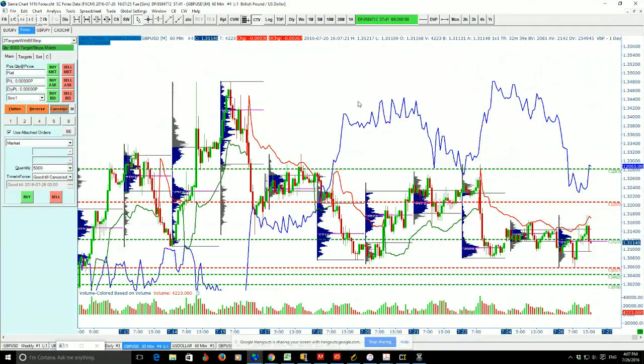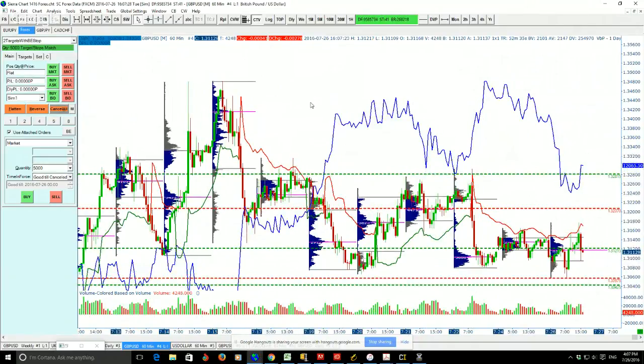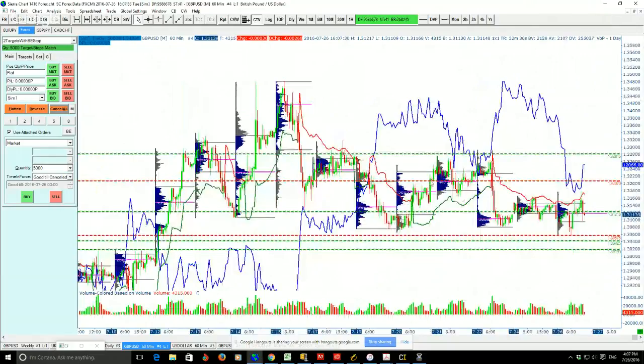So what I'm talking about is price moving through the 130.75 and then proceeding to move even lower down.